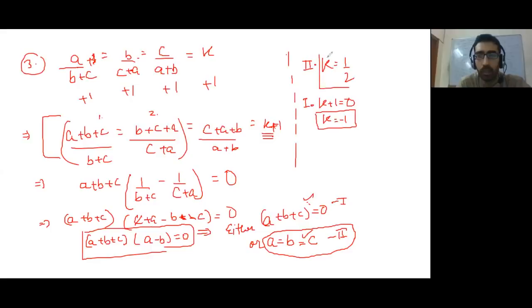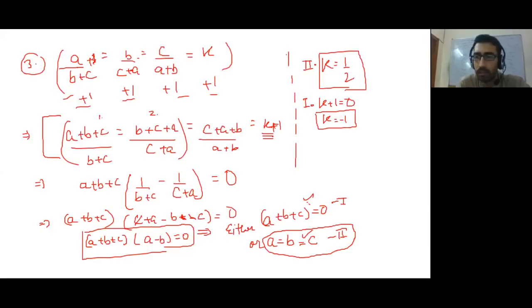So do remember this, and what I specifically want you to remember here is, in all such questions, try to either get the same numerator or the same denominator. And I've got the same numerator here by adding 1 to each. I've added 1 to all the 4 sides.